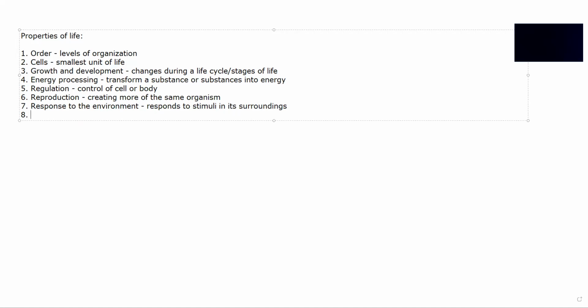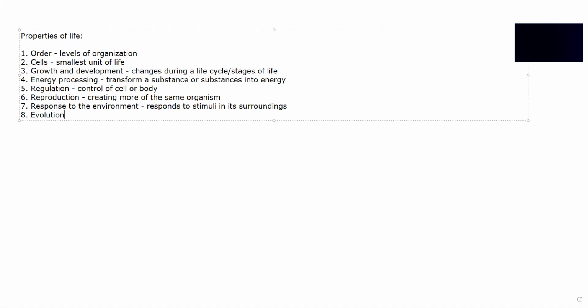You can actually see some plants and trees over time where their stems or trunks will lean or curve in a direction that allows their leaves to access the most sunlight. And humans respond to the environment in simple and complex ways. Simple is, ouch, that's hot, let me move my hand. And complex is the chemical, hormonal response to all of the things happening in our body all the time.